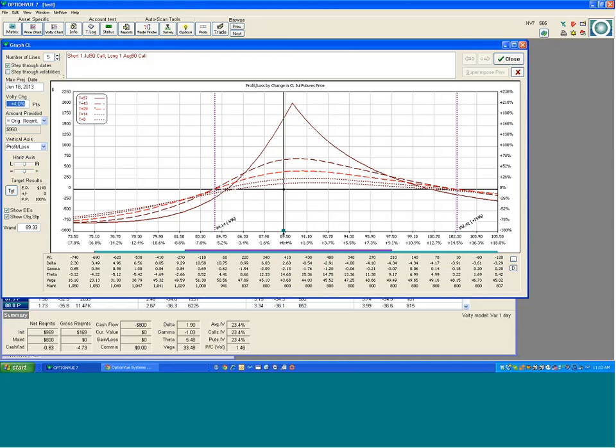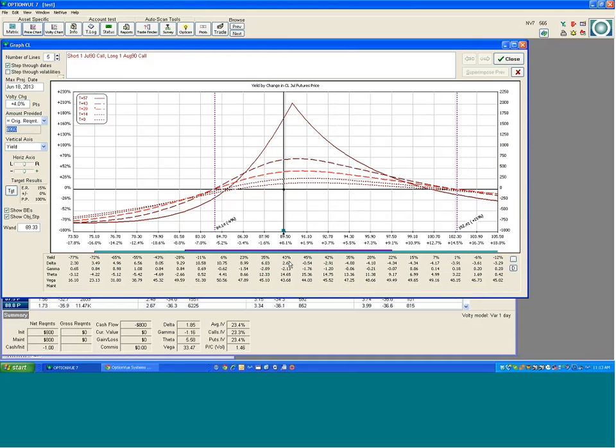Now, you have to ask yourself, are these dollars of profits attractive? Well, the way to really measure that is to look not only at the absolute dollar levels of profit, but look at the dollars of profit in relation to the margin. The margin to put the trade on is $960.